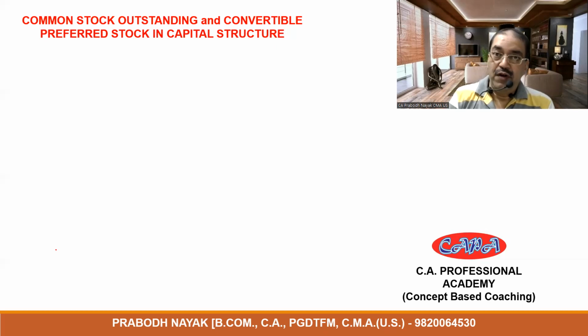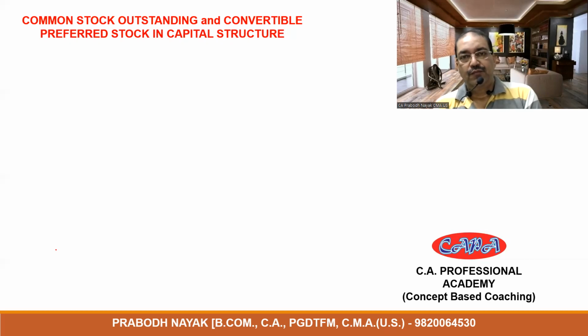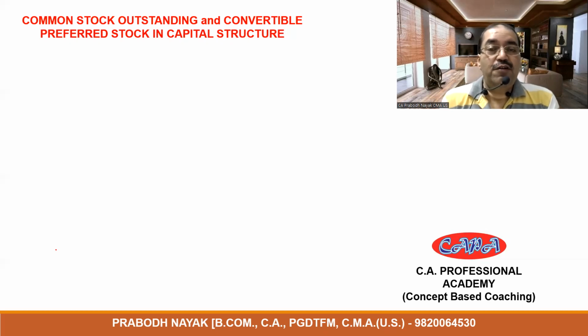Very important point: if after calculating diluted earning per share you find that it is higher than the basic earning per share, then we can't call it diluted earning per share. It is called anti-dilutive. So if your basic earning per share is $10 and you get diluted earning per share of $12, you can't get that, because $12 is more than $10.